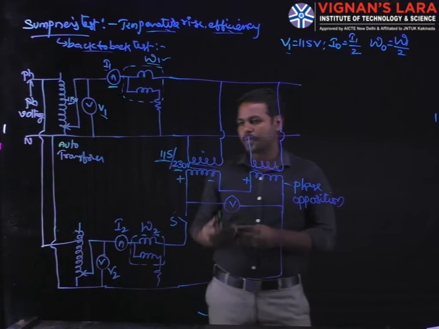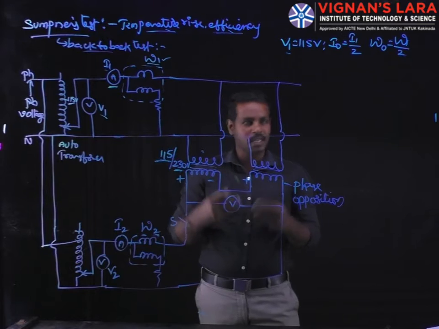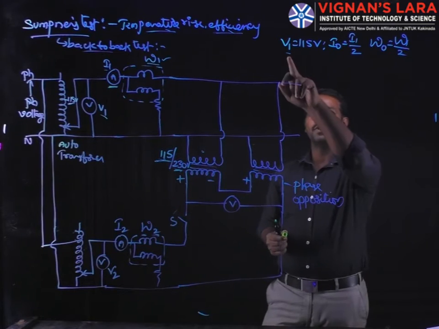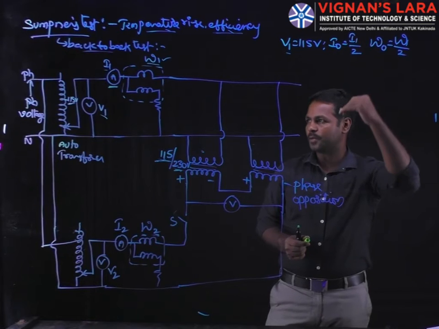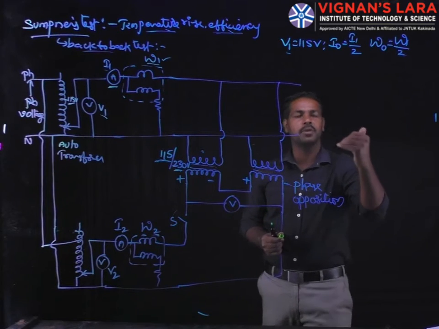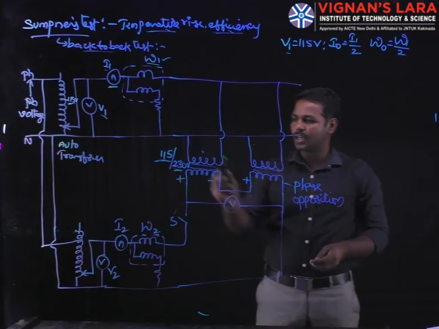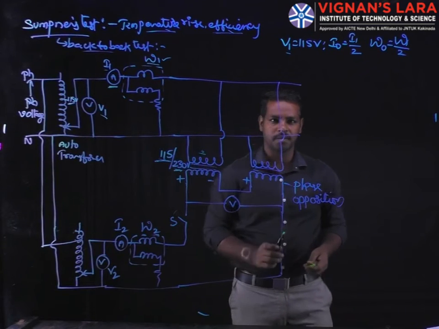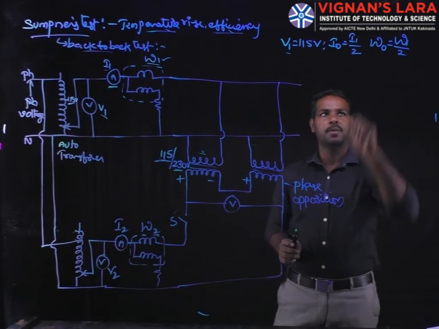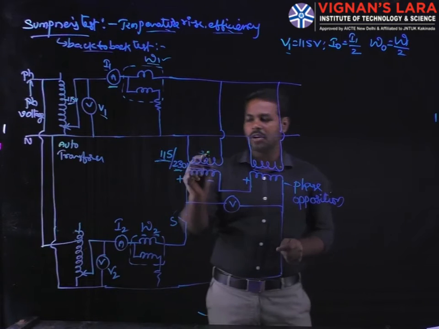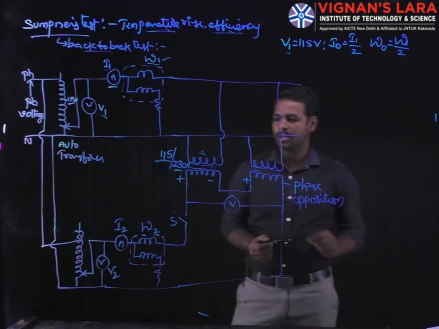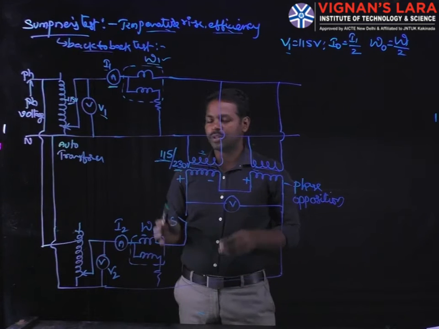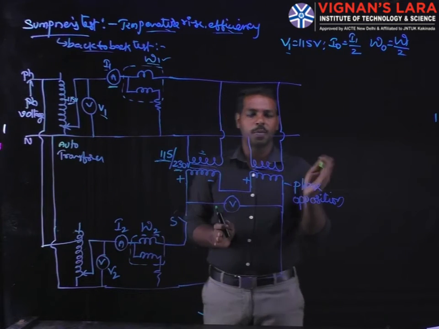For each transformer, V1 is equal to 115, I0 is equal to the ammeter reading divided by 2, which is the no load current of each transformer, and W0, the iron loss of each transformer, is equal to W1 divided by 2. This is the procedure for the open circuit test.